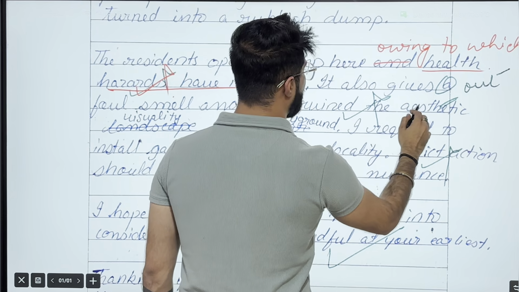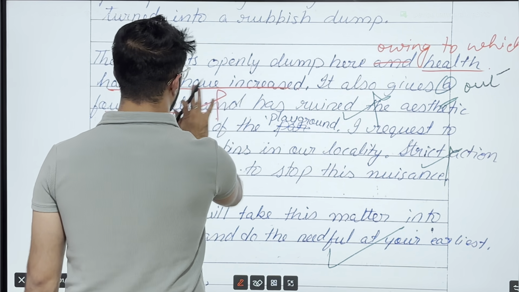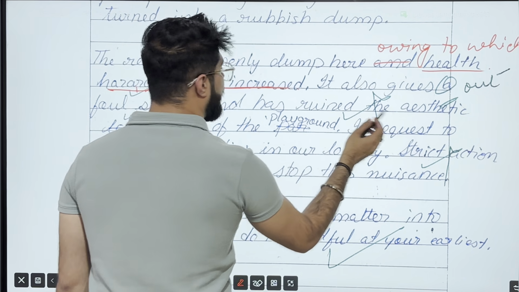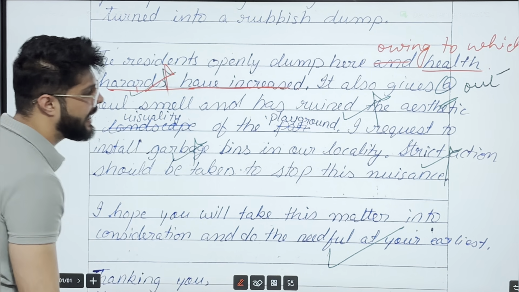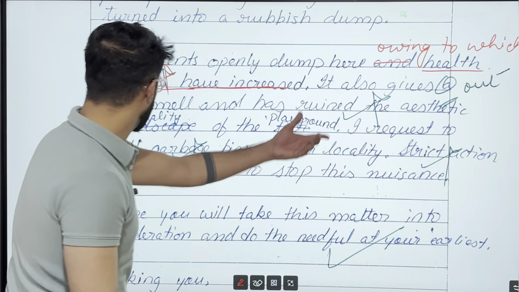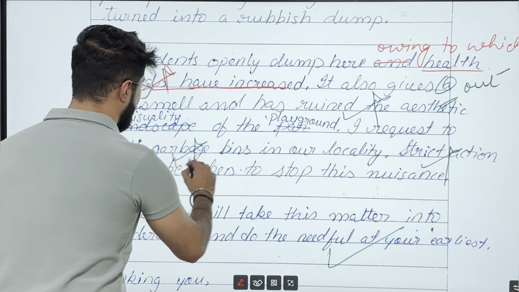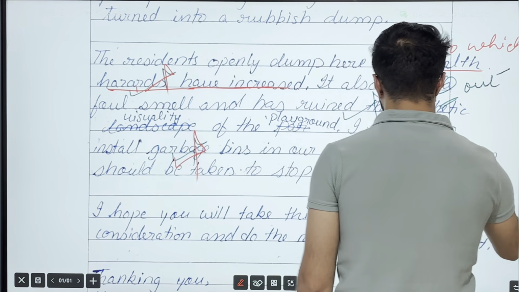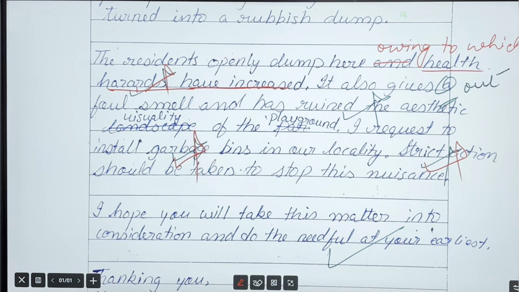It also gives out a foul smell and has ruined the aesthetic visuality of the playground. Half mark again for the problem. I request you to install garbage bins, a solution in our locality, and strict action, another solution, should be taken to stop this nuisance.